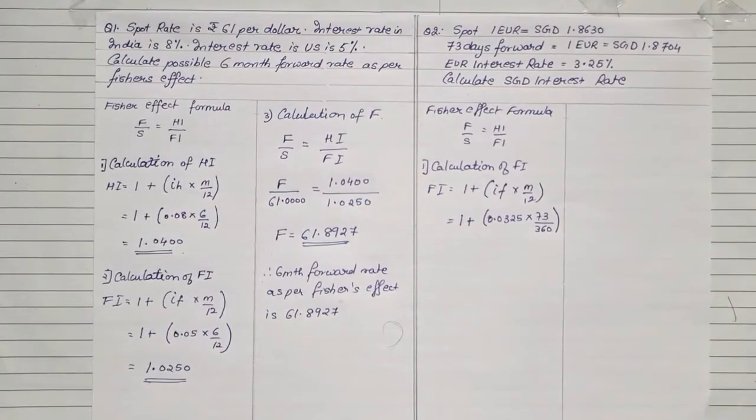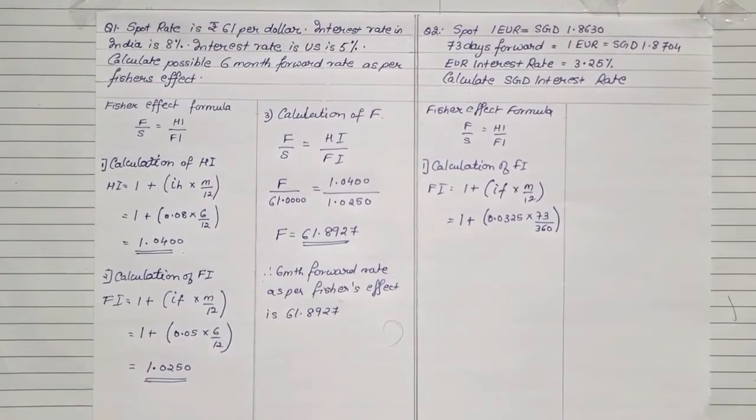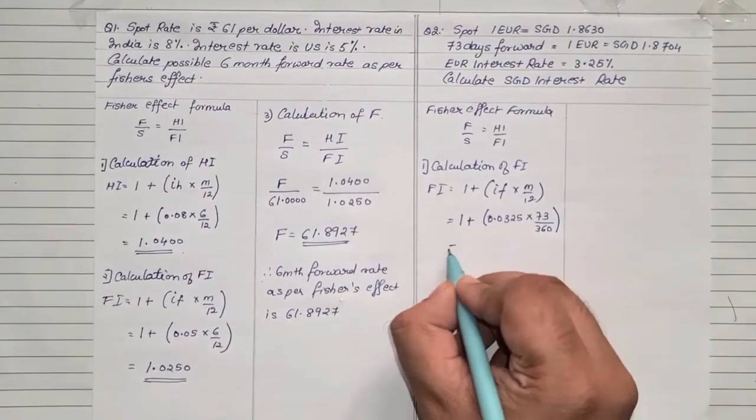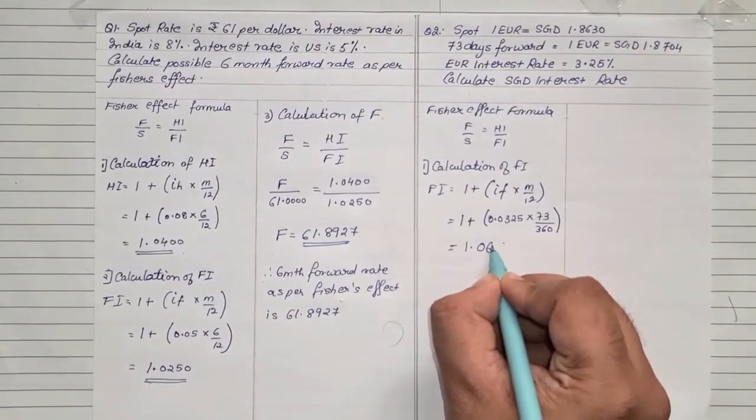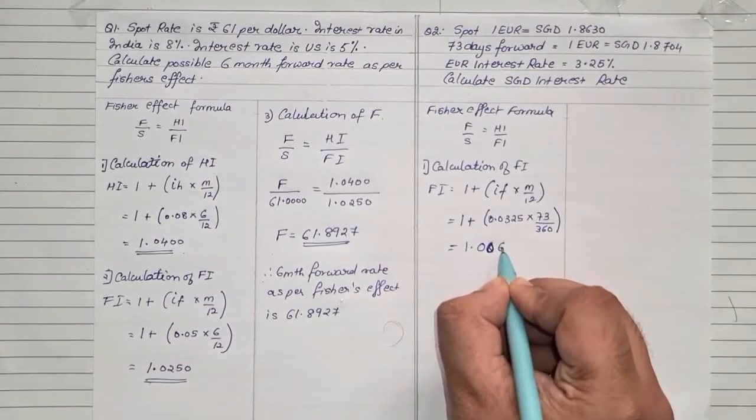So while solving this, I will get 73 divided by 360 into 0.0325 plus 1. So we should get the value as 1.0066.